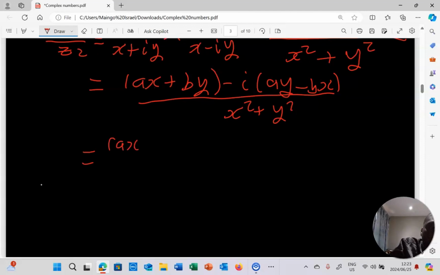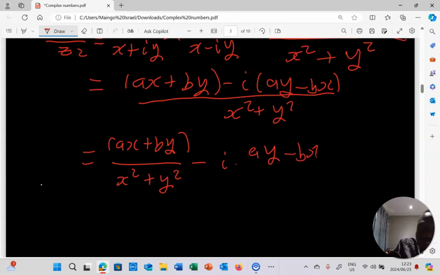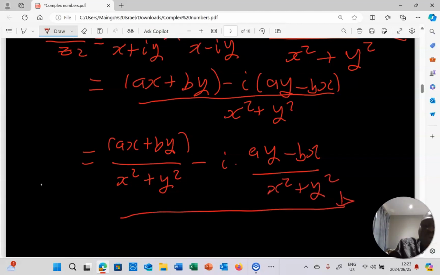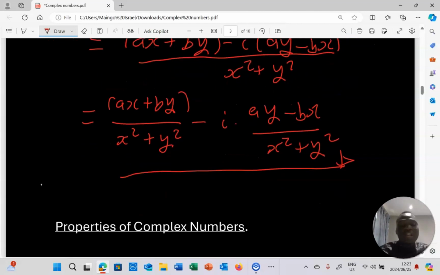This would be (AX plus BY) divided by (x squared plus y squared) minus i(AY minus BX) divided by (x squared plus y squared). That's how simple we divide two complex numbers.